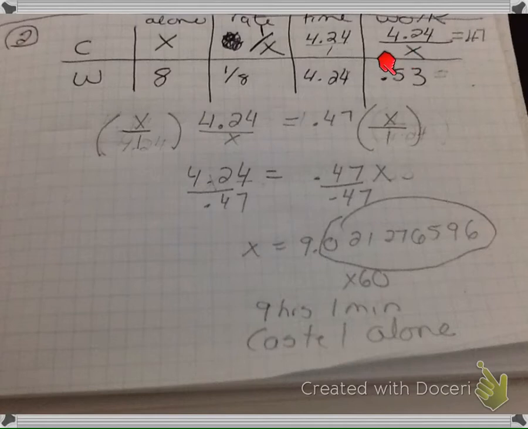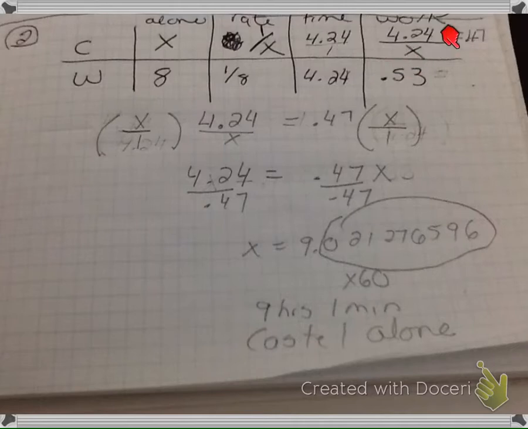Because the whole job is 1, and he does 53 hundredths of it when they're working together. If you do 1 minus 53 hundredths on your calculator, what do you get? Well, that's 47 hundredths. So the expression I have for the part of the job that Castell does when they're working together has to be equal to 0.47, because these two always have to add up to 1.